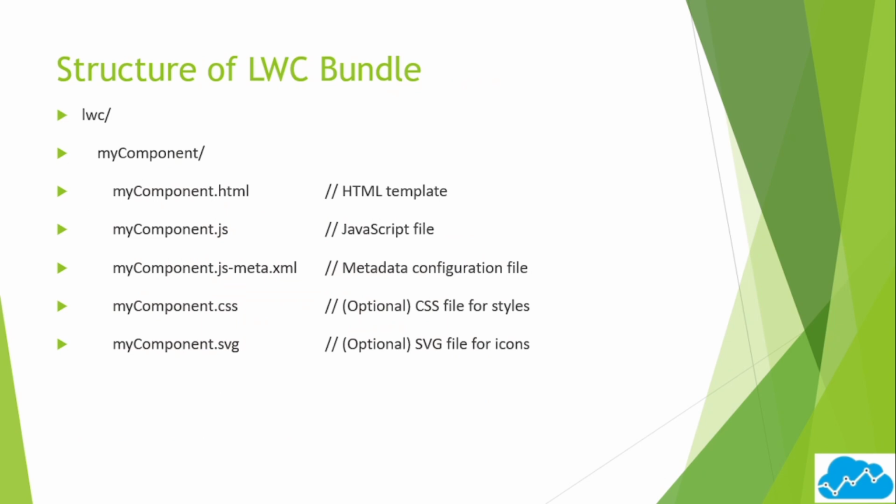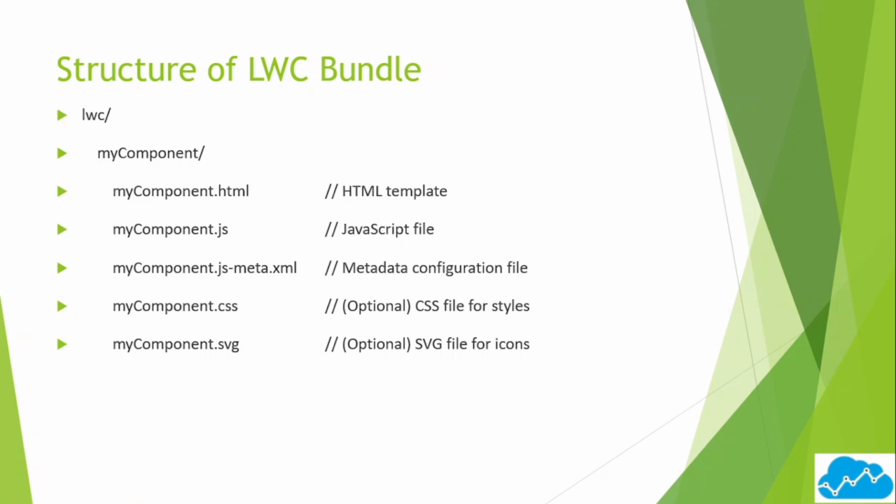Structure of an LWC bundle. LWC is the folder name, then myComponent is the file name. Here I am taking myComponent as a file name. As soon as I give the component name like myComponent, it creates all the files by this name itself.